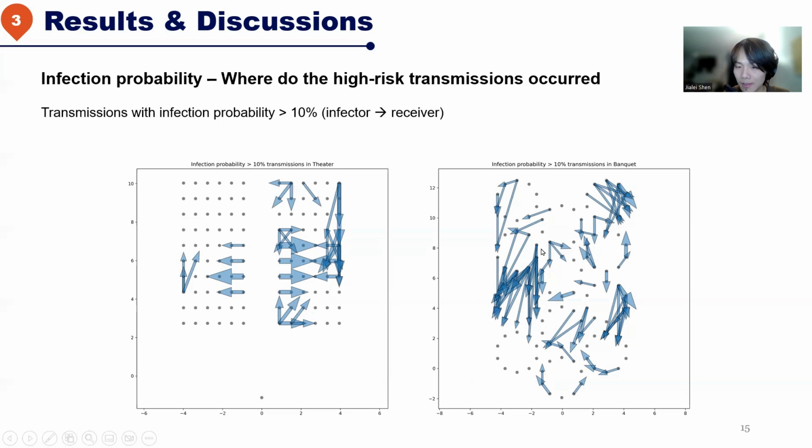For the banquet scenario, the high risk transmissions are more likely to occur in this area, at this table, which is consistent with our earlier observations. And for this table, the infections are more likely cross-table infections, right? And for the infections at this table, this table, and probably this table, the infections are more likely same-table infections.